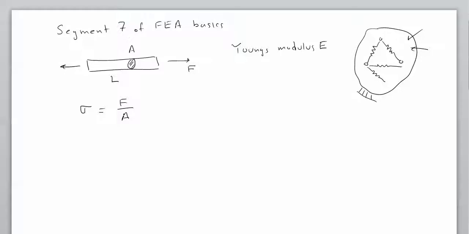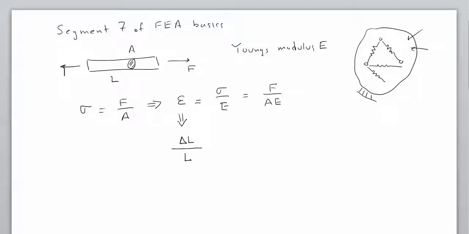All right, so once we have the stress, then out of this, we can calculate the strain. And the strain is going to be simply stress over Young's modulus. Therefore, it's equal to F over AE. Now, what is this strain itself? The strain itself is the change in L divided by the original length.